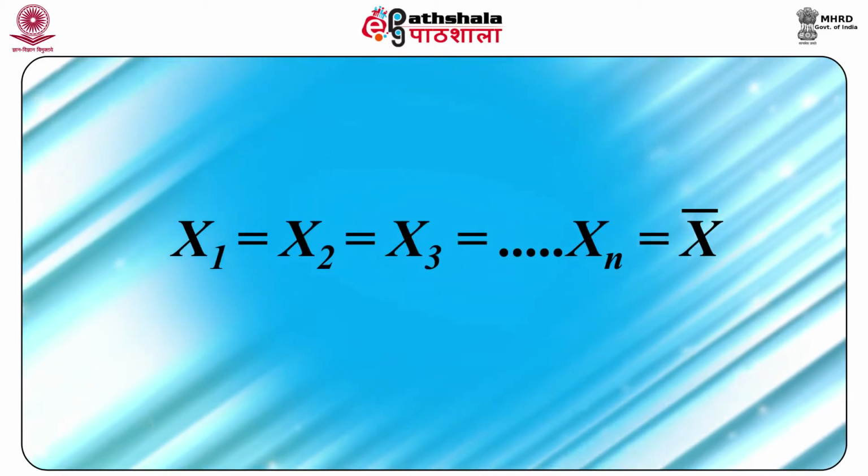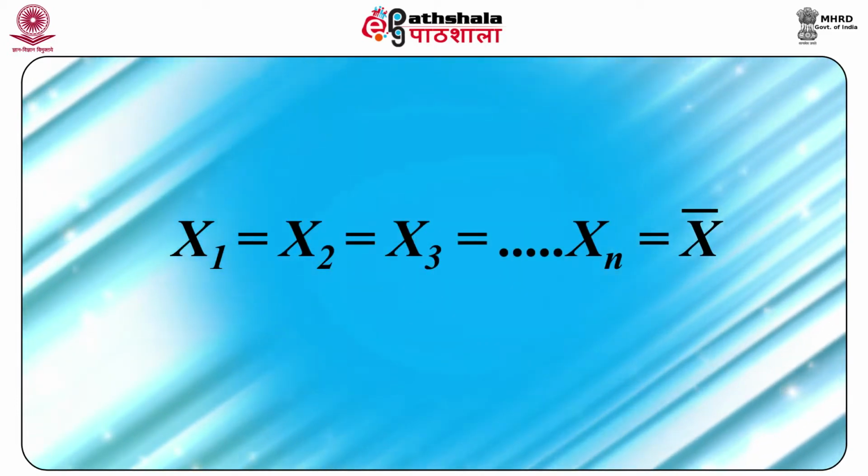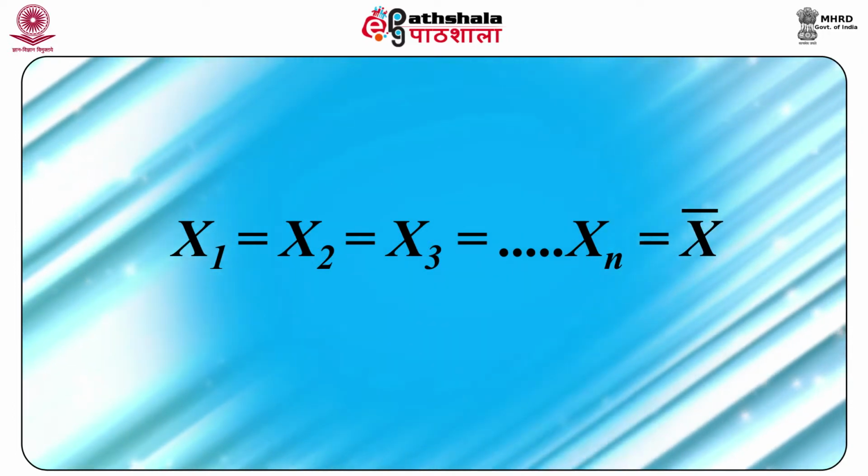Now, there should be sufficient variation in x values, that is, not all values of the explanatory variable should be the same. This is our second assumption. Let us see what would happen if all the x values were the same. The mean of these values would also be equal to the x values, that is, x1 equal to x2 equal to xk gives us x bar, which is the same value.